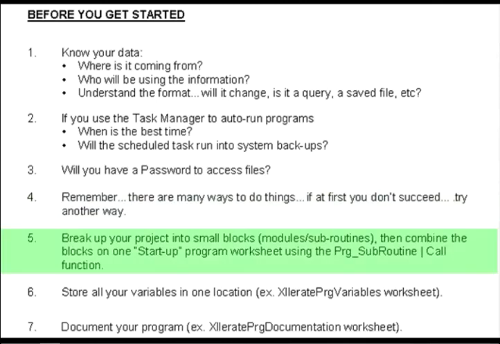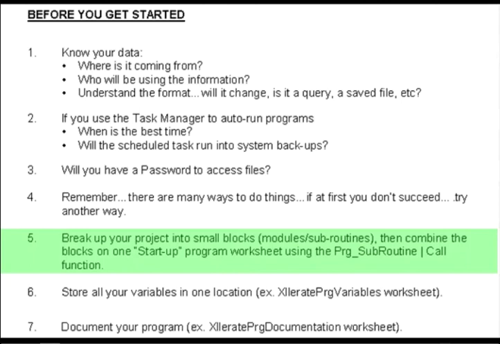Number 5, when working on a project, it is helpful to separate the rows of code into logical tasks called modules or subroutines. This is particularly useful during development when you are querying information that may take several minutes to retrieve. Use one program worksheet for retrieving the data and another program worksheet for creating the report.